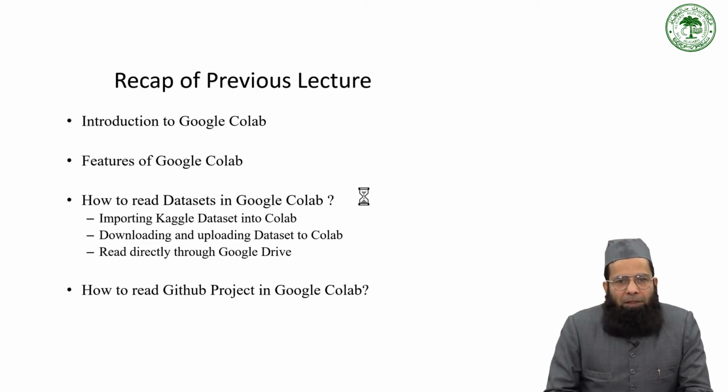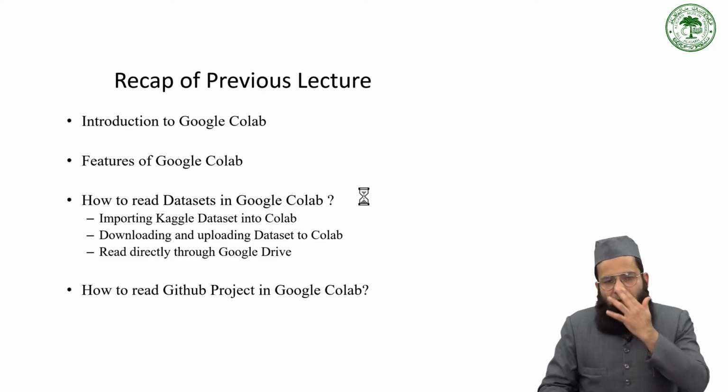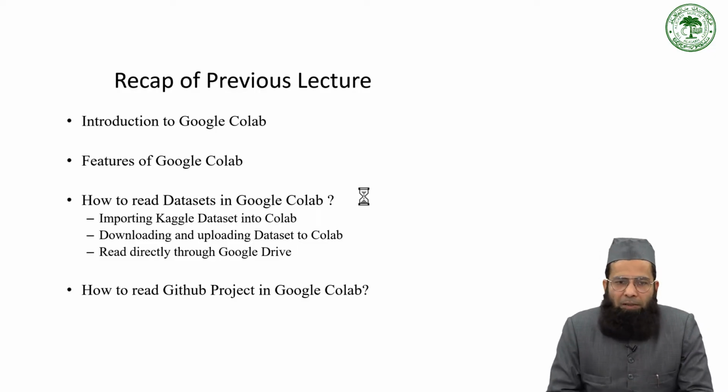So in the last lecture, we have seen different features of Google Colab, and we have seen how to read datasets in Google Colab. There are three different options available that you can utilize.